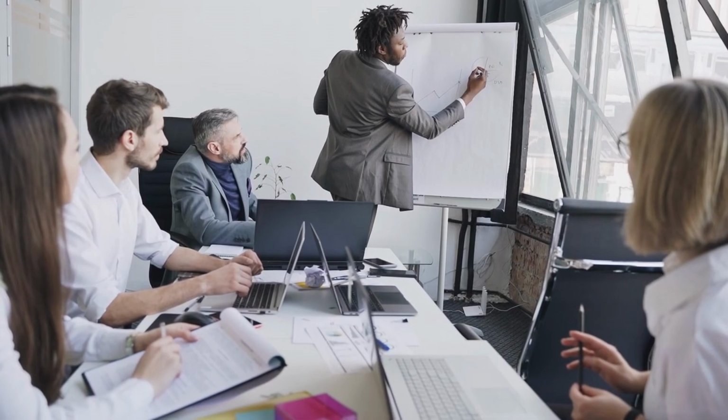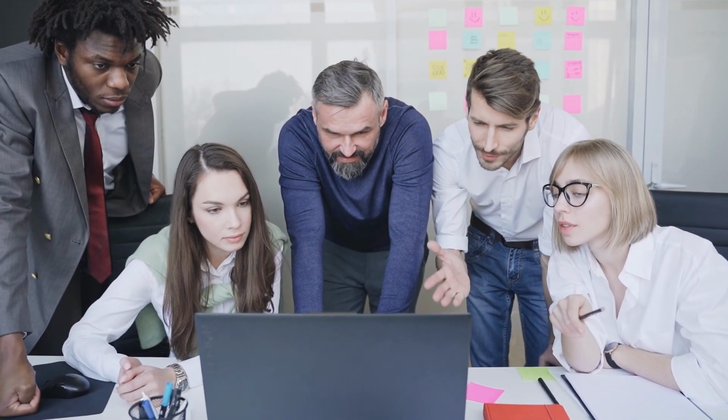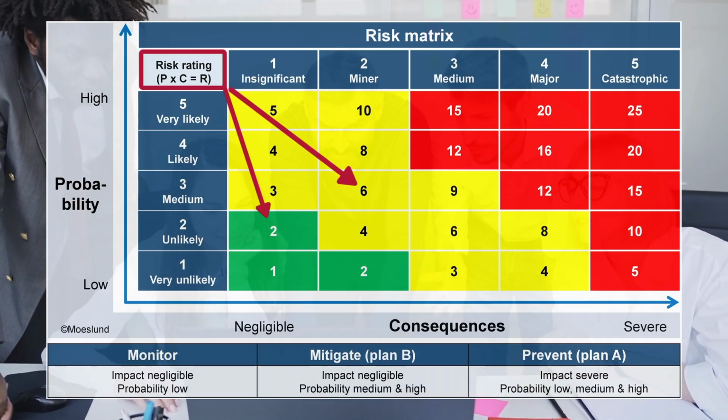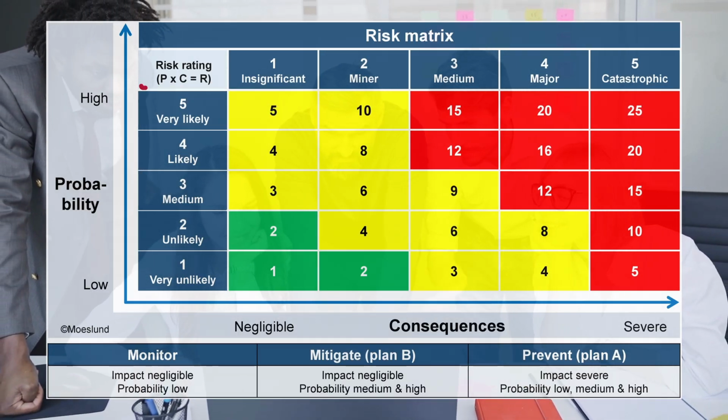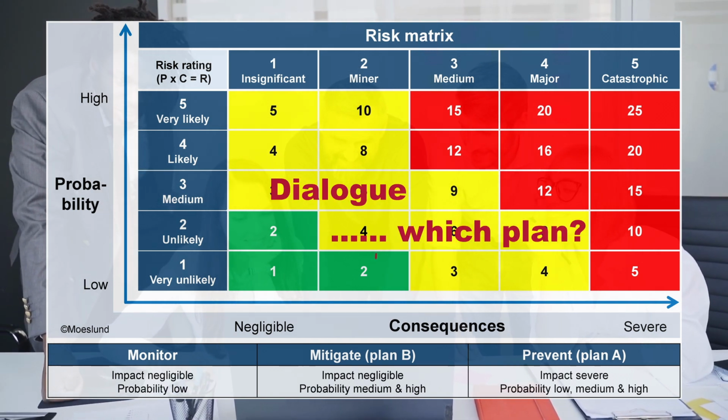When processing residual risks, we must assess the probability and consequence of each risk and calculate a risk number for each. This is done in a matrix to establish an overview as a basis for dialogue between key stakeholders.